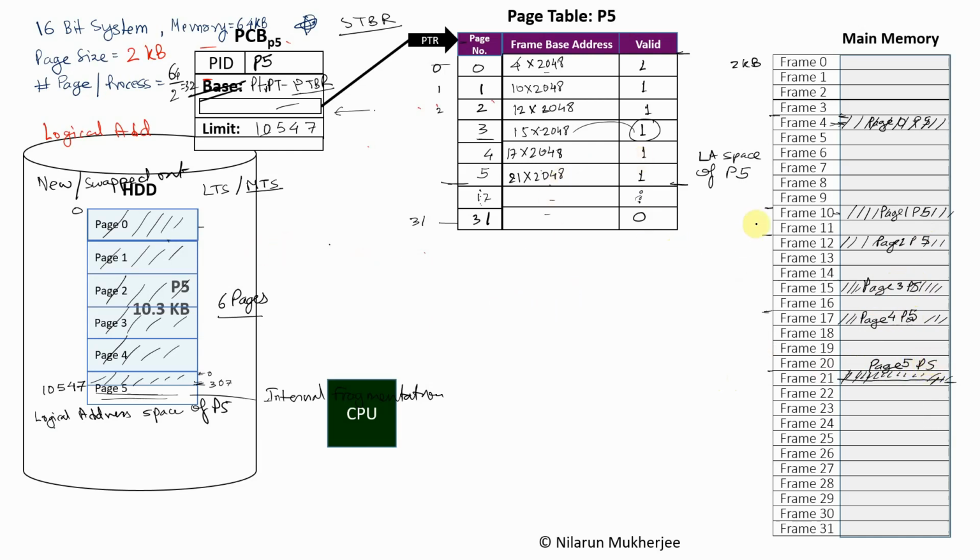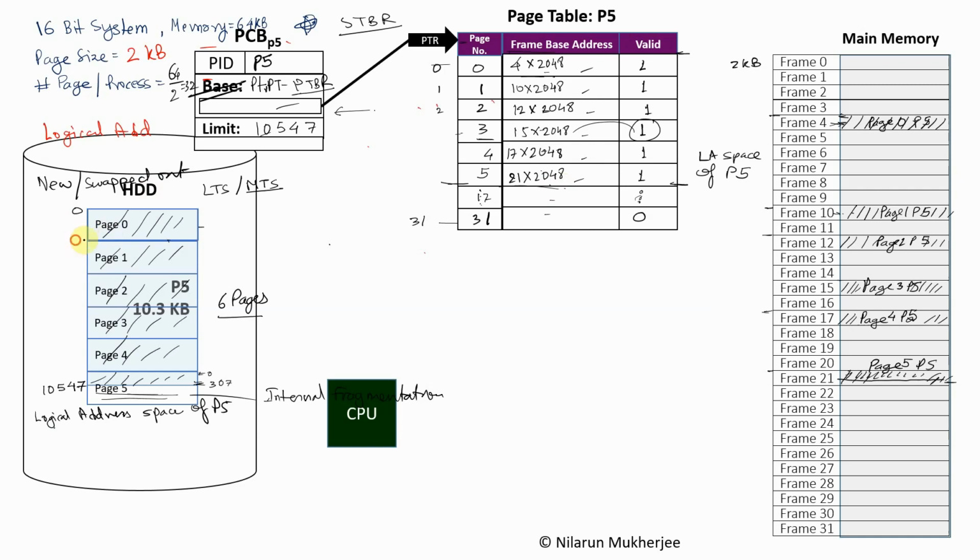So 6 pages, when they are loaded, the LTS will never forget to update the frame base address here. If it forgets, then it will mark that this page is still not loaded. So LTS never forgets. When the page is loaded into a frame, the corresponding frame base address is updated here.